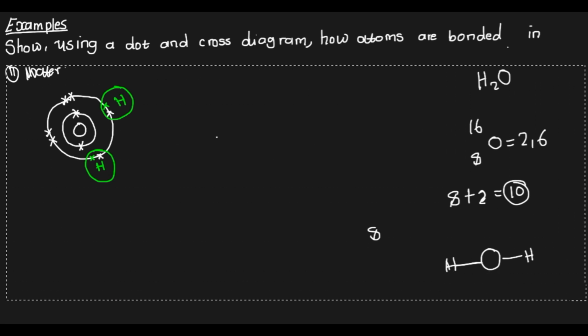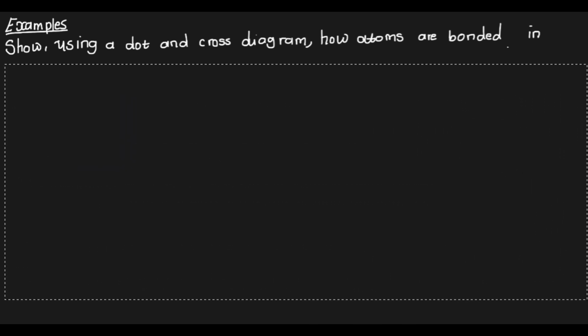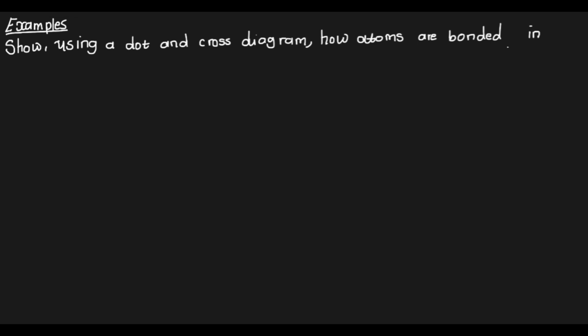Let's try another one. This time let's look at ammonia. So ammonia consists of nitrogen. Nitrogen has a valence of 3 since it is in group 5. Then hydrogen, we know it's 1.